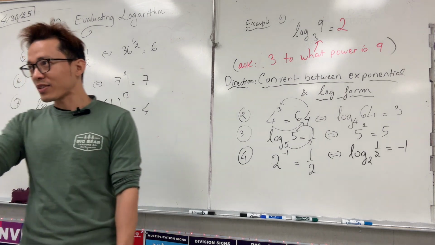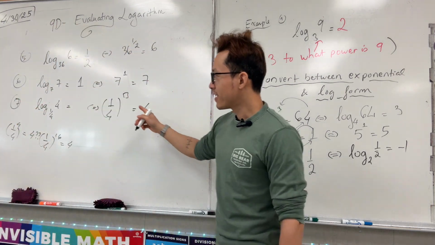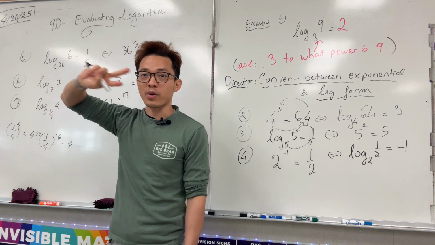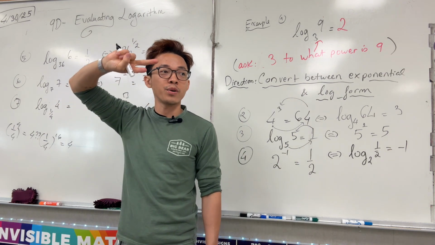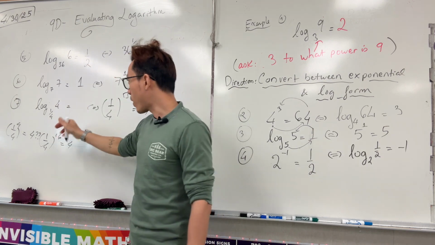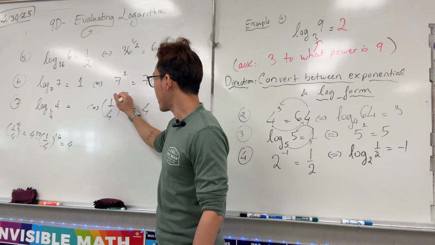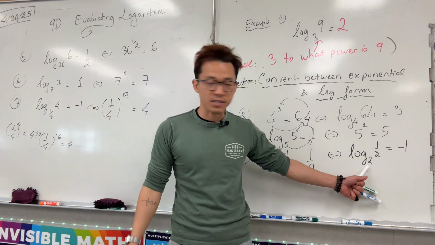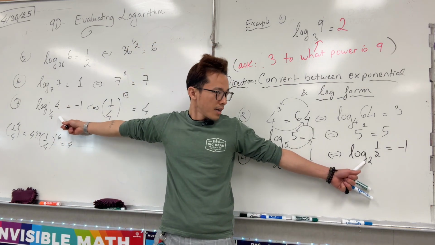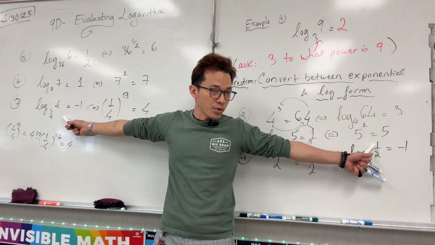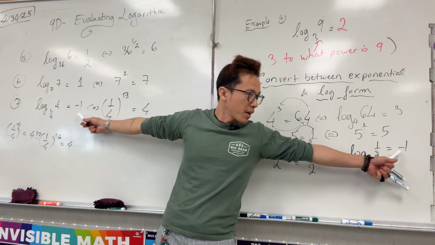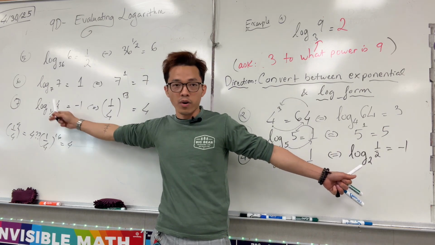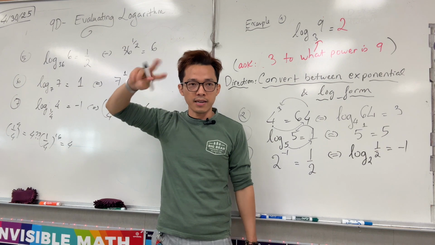I want everybody to think about this. -1, right? Because when you see the -1, you flip it. So 1/4 to the power -1. So the answer is -1. It's similar to this. Do you see that? This one is 2, and 2 to the power -1, you get 1/2. Now this one is just 1/4. You get a -1, you get 4. They flip the fraction.